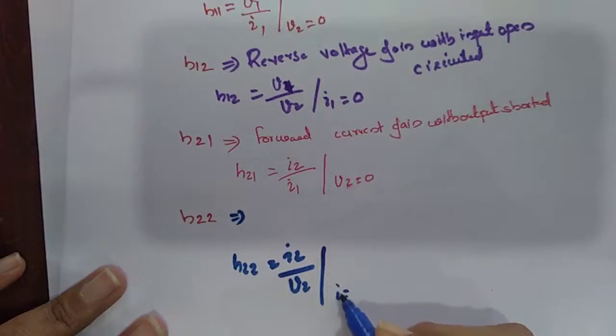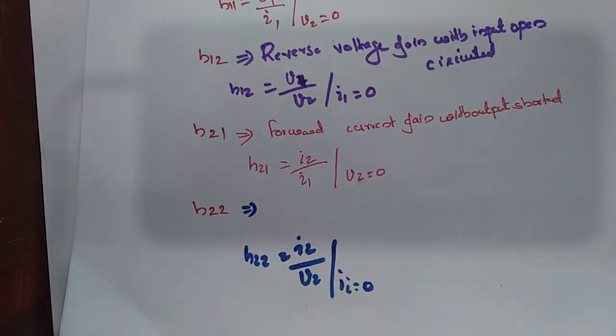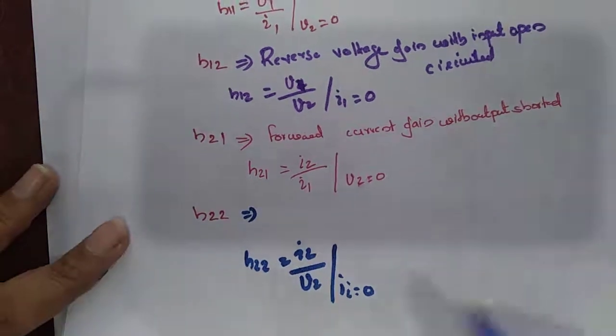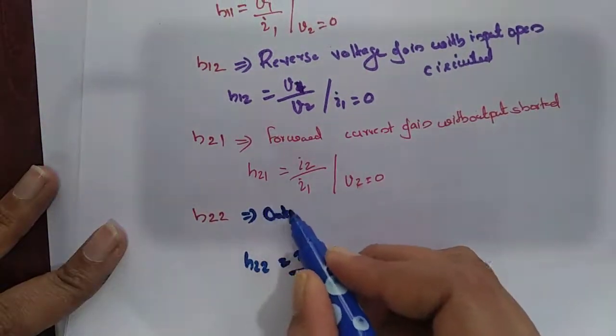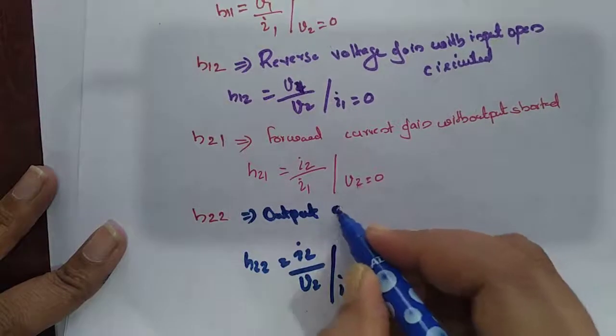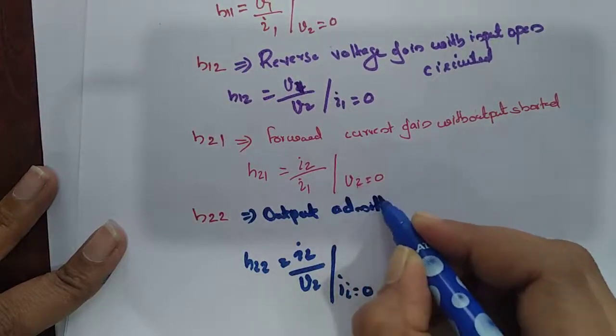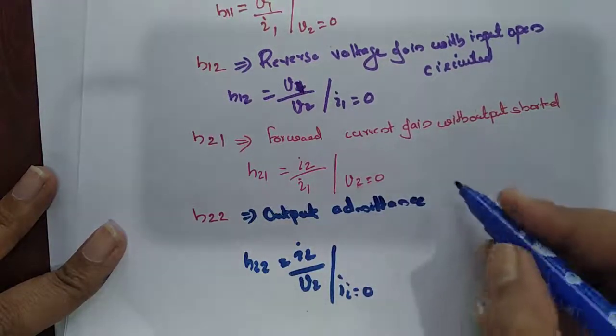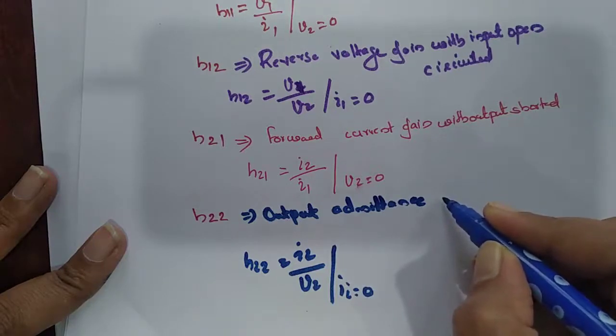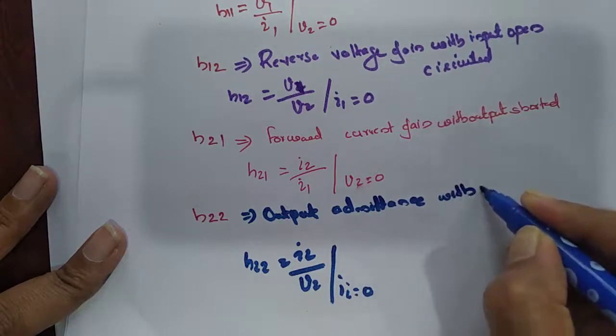I1 equal to 0. So I can call it output admittance with input open circuited.